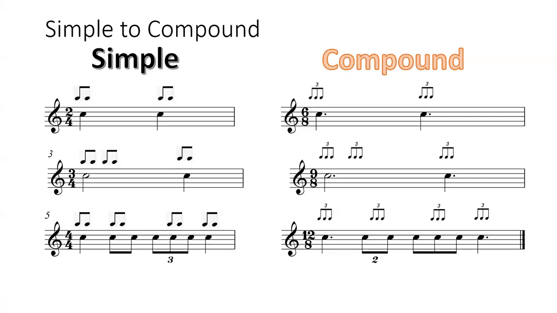In 9/8, so this is triple compound time, da, da. So this will contain the first 2 beats of the bar, and this will be the 3rd beat of the bar. This dotted minim here will be the first 2 beats of the bar, because each beat is divisible by 3, and then this will be the 3rd beat of the bar.